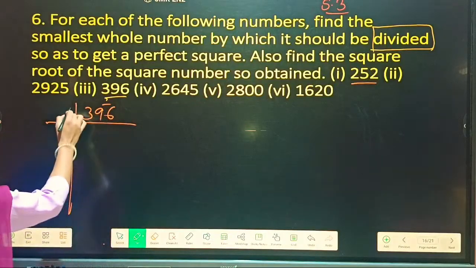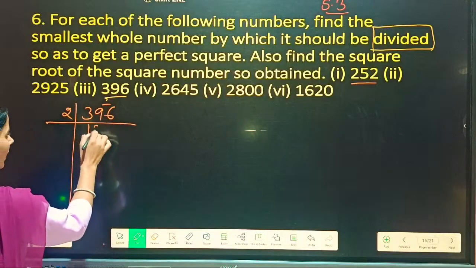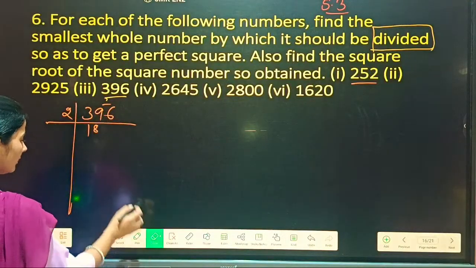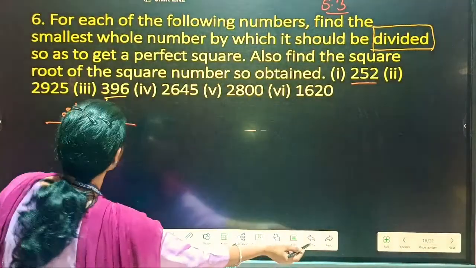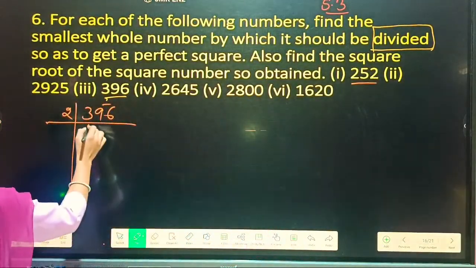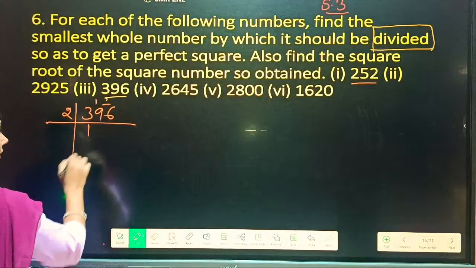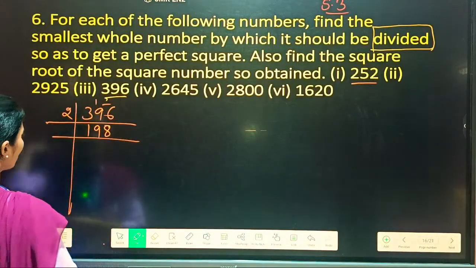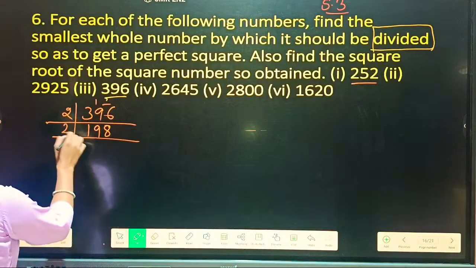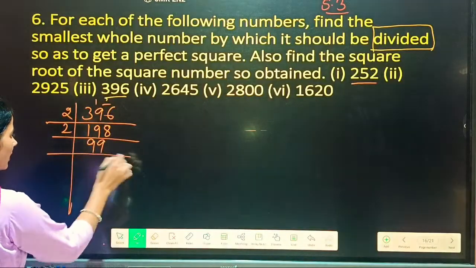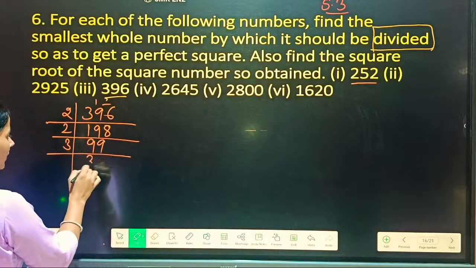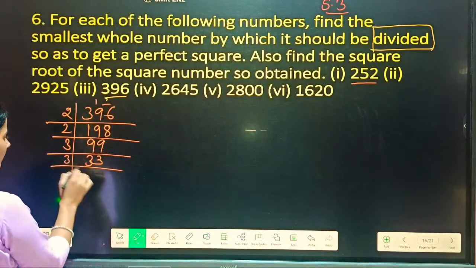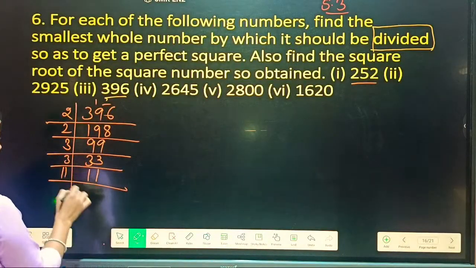Divide by 2. 2 1s are 2, 2 9s are 18. 2 1s are 2. Then 1 remainder. 2 9s are 18, 2 8s are 16. Further it is divisible by 2. Divide: 2 9s are 18. Divide with 3, 3 3s are 33, then with 3, 3 11s are 33, divide with 11, 1.